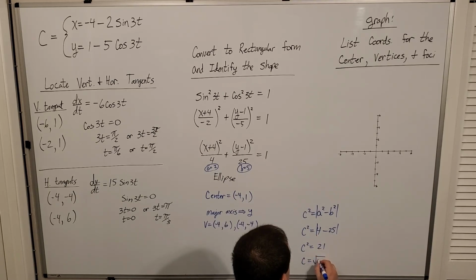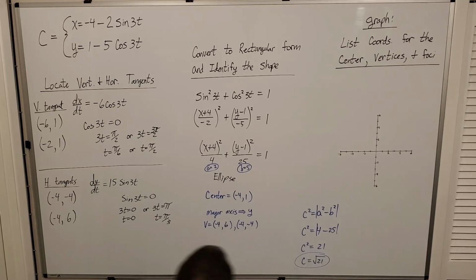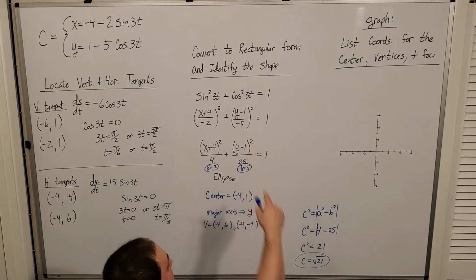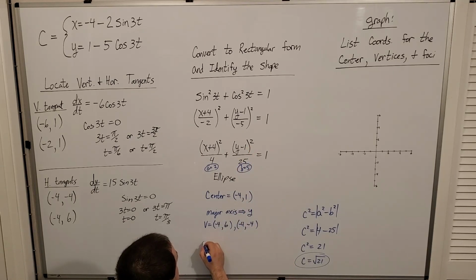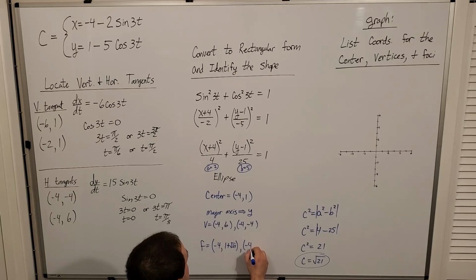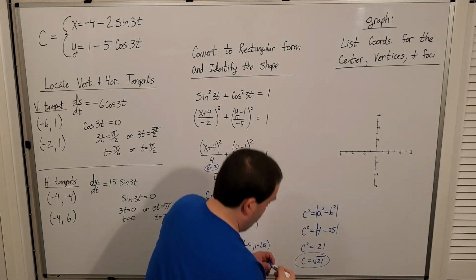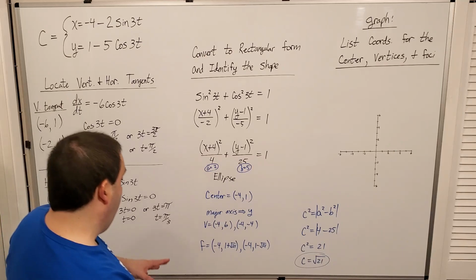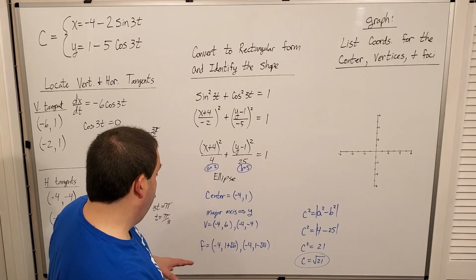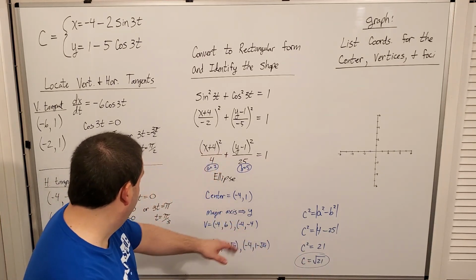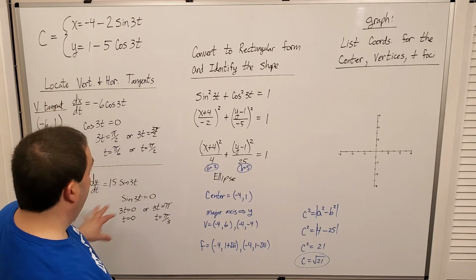So c is the square root of 21. This is going to be the distance to the foci from the center, right? Since the major axis is on the y-axis, then my foci are going to be negative 4, 1 plus square root of 21 and negative 4, 1 minus square root of 21. Okay, so now that we have computed the c length and gotten the foci, we have several points to graph.